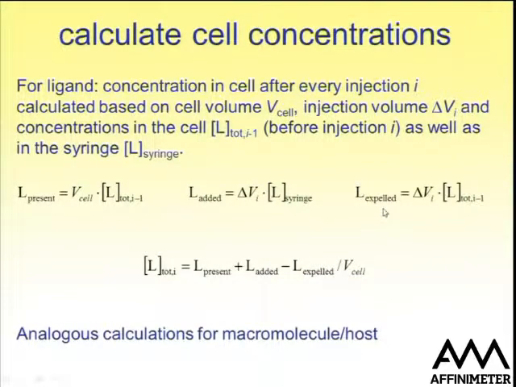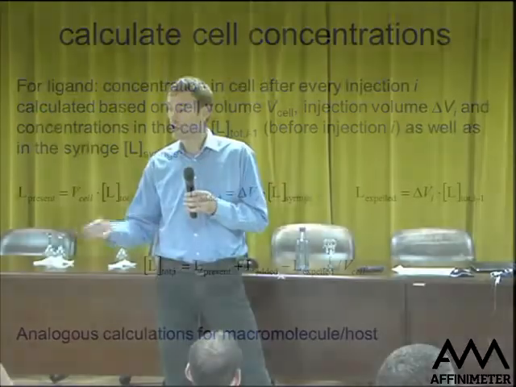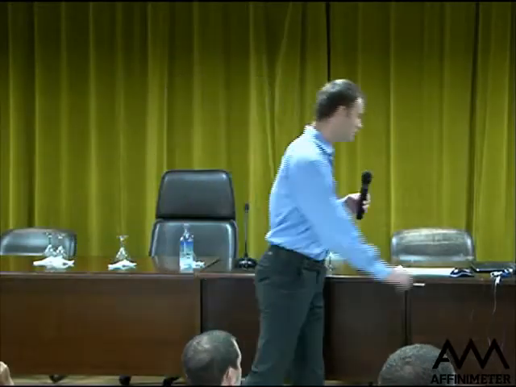You also know how much you're expelling, which is your injection volume multiplied by the concentration of the ligand before you did that injection. You sum all of these terms. So this was there, this was added, this came out, this is your new total ligand concentration. And you do analogous calculations for the macromolecule or the host or whatever you call it.